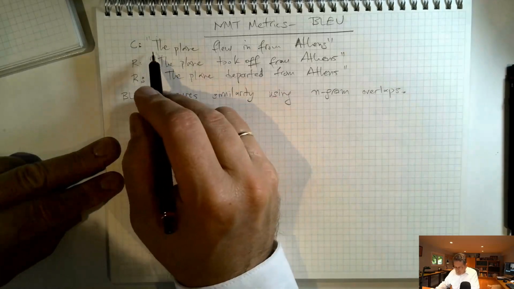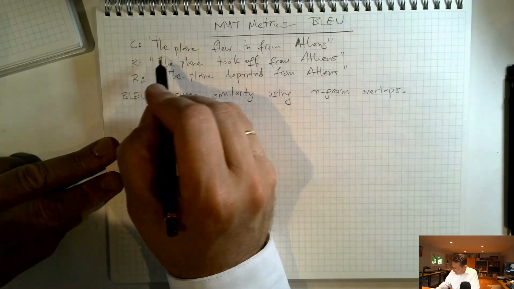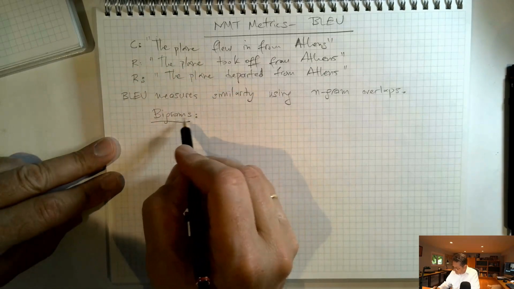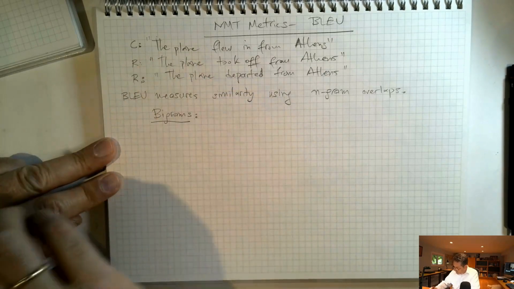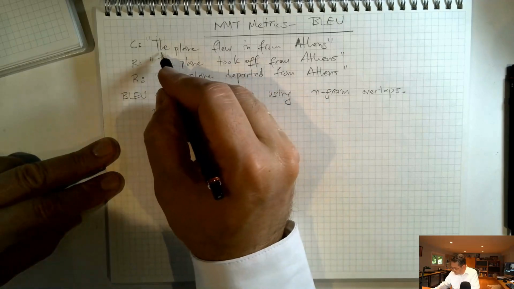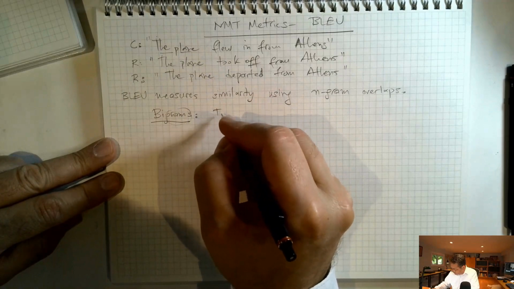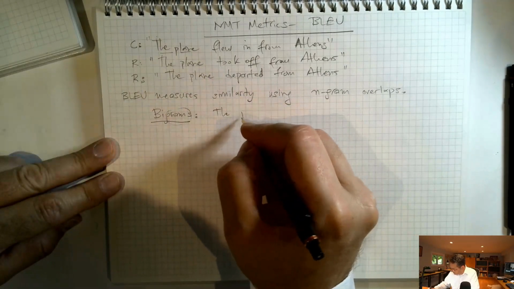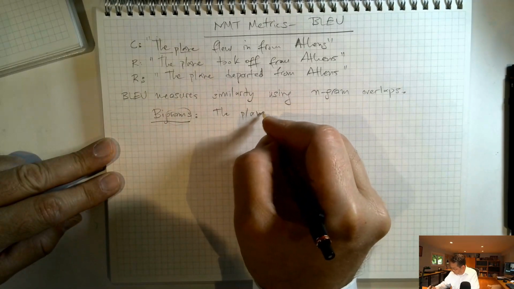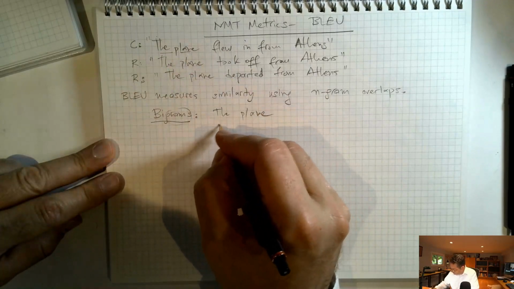So we have bigrams: bi stands for two, and gram stands for the Greek word gramma, which means letter, but in this case they are words. Okay, so we have the first bigram, the plane. The other bigram is plane flew.